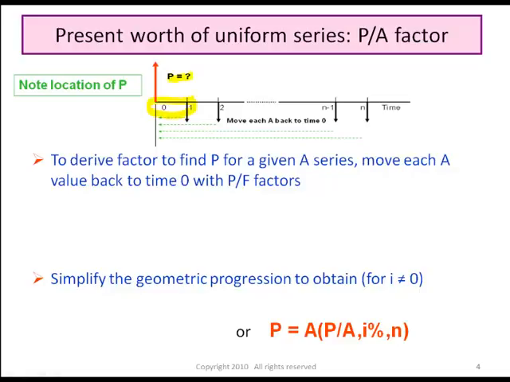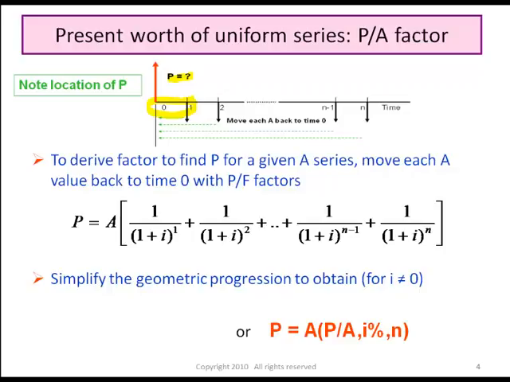To calculate P, we multiply each A value by the P/F factor for the correct number of years between the location of A and the current time 0. The P/F factor formula is (1 + i) to the minus t power, where t goes from 1 to n. The expression for P that you see here in the middle of the slide does exactly this.